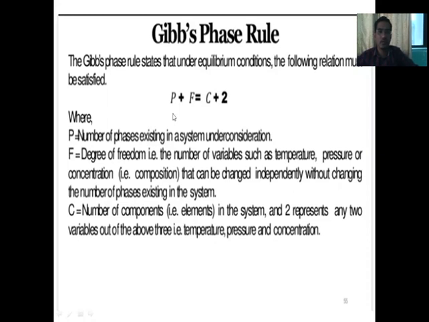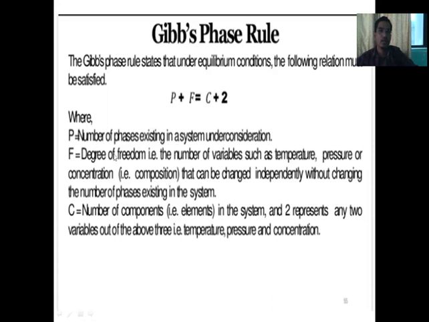At a particular temperature the phase change can occur. At room temperature the phase of the metal is solid, so that is one phase under consideration. And whenever that material is heated beyond its melting point, the phase of that material becomes liquid. So the phases existing in the system are solid and liquid, two phases for that example.